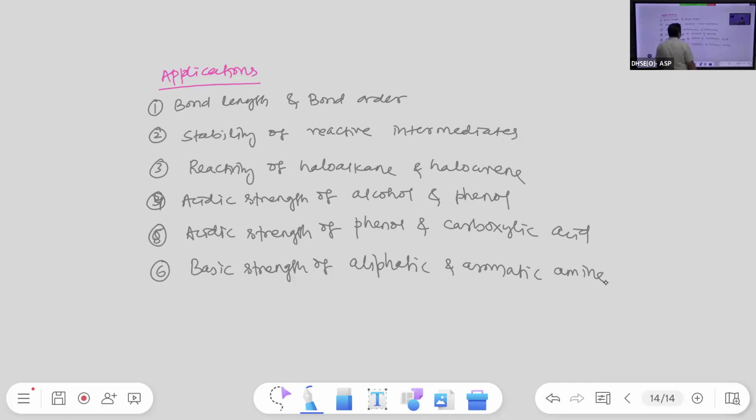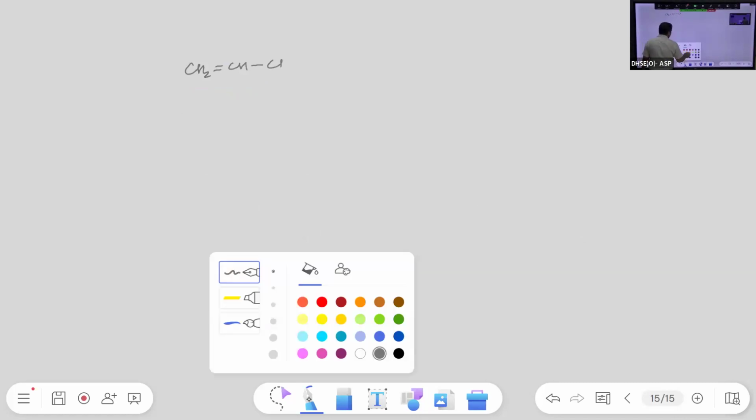Over. Then first, that is bond length and bond order. How is resonance affecting the bond length and bond order? Suppose we are taking a structure. If you are drawing the resonant structure of this, the lone pair is in conjugation with the pi bond.